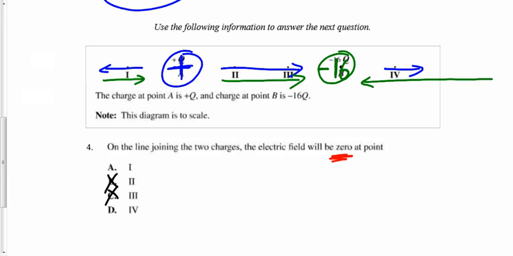But it's 4 times the distance. And if you square 4, you get 16. So because of the charge, it's 16 times greater field. Because of the distance, it's 16 times smaller field, which means it's the same field. So if those are the same, then they would cancel each other, and the net electric field would be 0. Good.